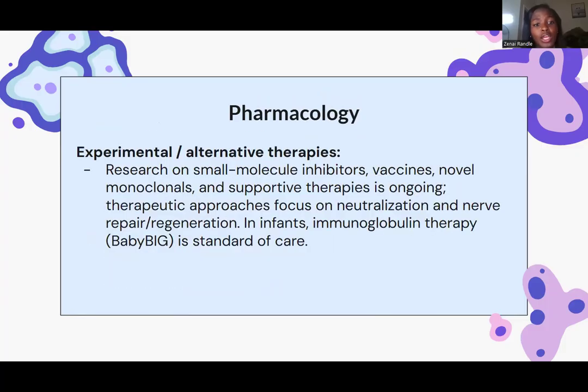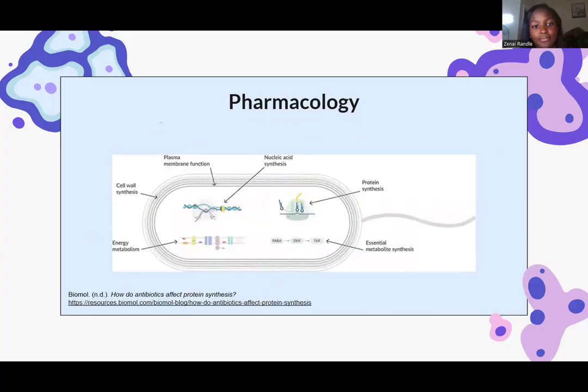Some experimental therapies are small molecule inhibitors, vaccines, supportive therapies, regeneration. Immunoglobulin therapy for babies is standard. This diagram represents what it looks like when the antibiotic is attacking the toxin within the cell.